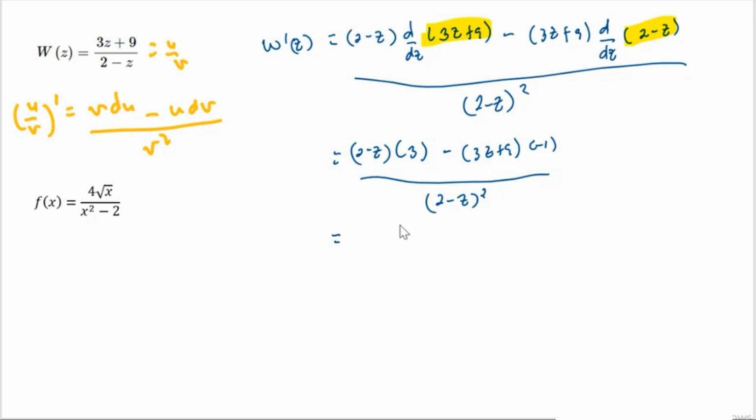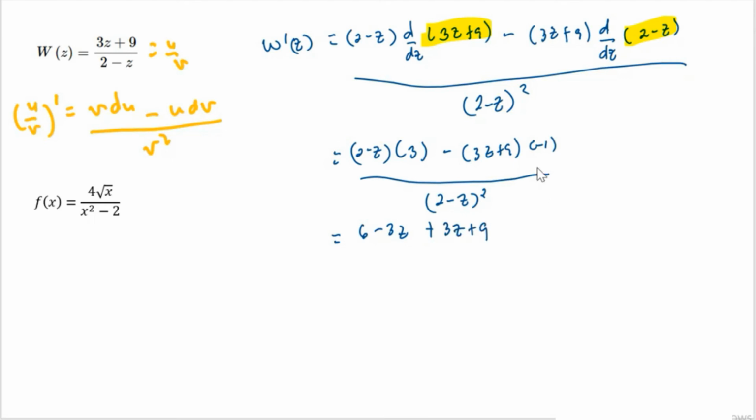So simplifying the numerator, we have 2 minus z times 3, which gives us the product of 6 minus 3z, minus, or we can write now, since it's only a monomial, I can multiply now. Negative 1 times the negative sign is positive, and then 1 times 3z plus 9 is just the same as 3z plus 9.